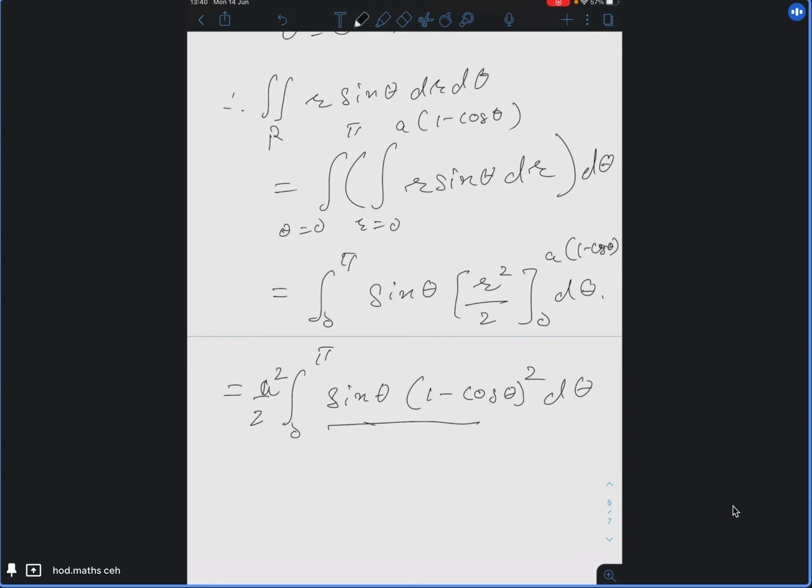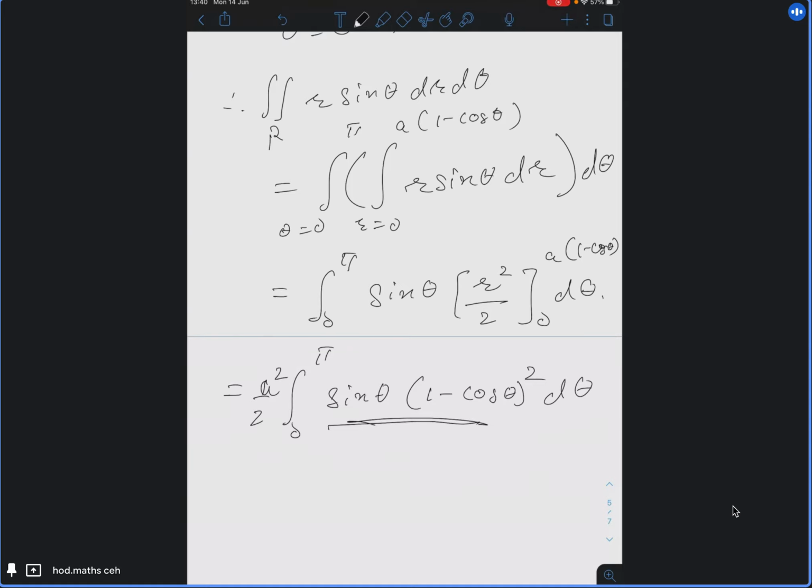You simplify this directly, you can't integrate it. Or you can integrate also, no problem. You substitute 1 minus cos theta equal to some value and integrate. When you substitute 1 minus cos theta equal to t, you will get sine theta d theta equal to dt.